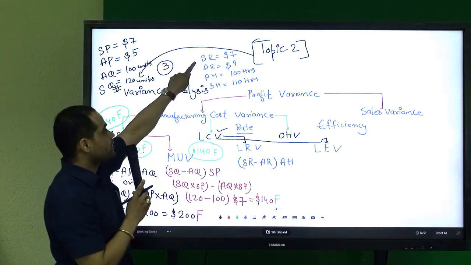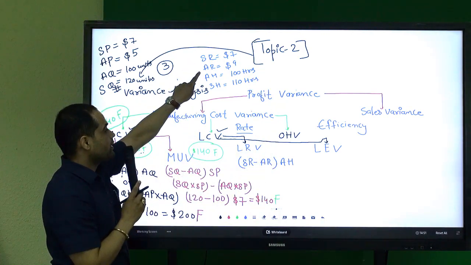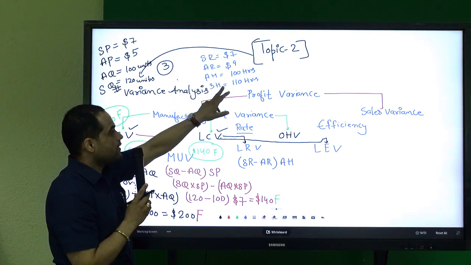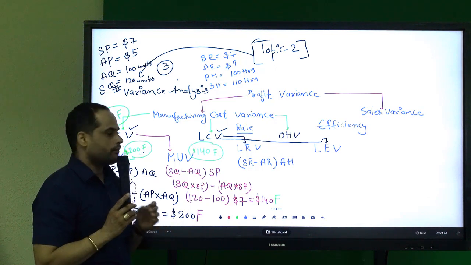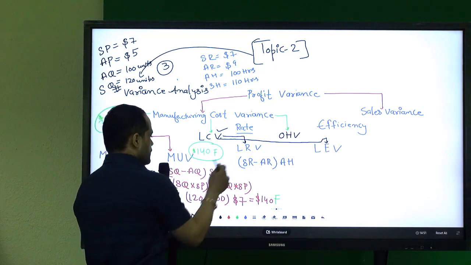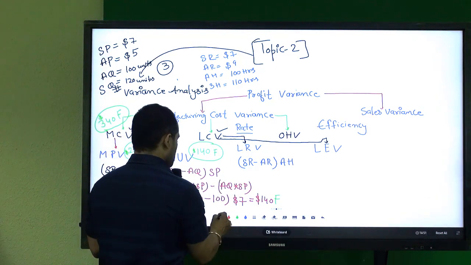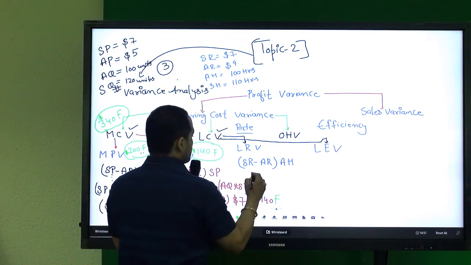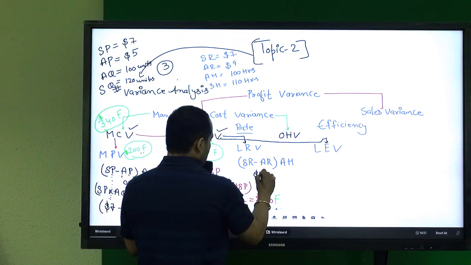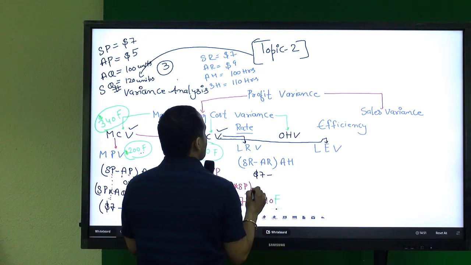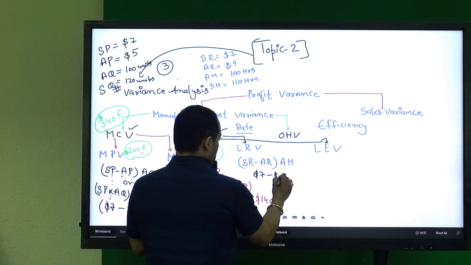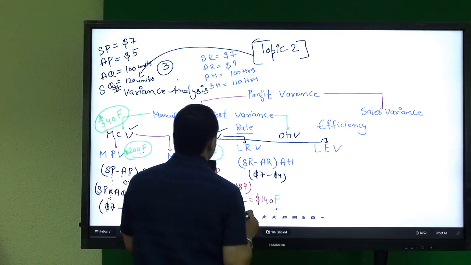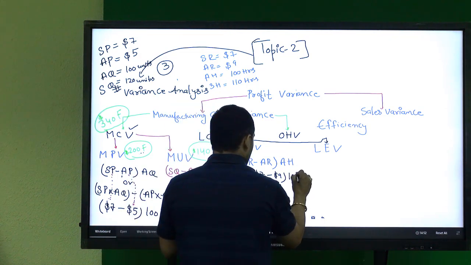So standard rate 7, actual rate 9, actual hours 100, and standard hours 110. Right? So let's estimate this number. Standard rate is 7, actual rate is 9, and actual hours 100.